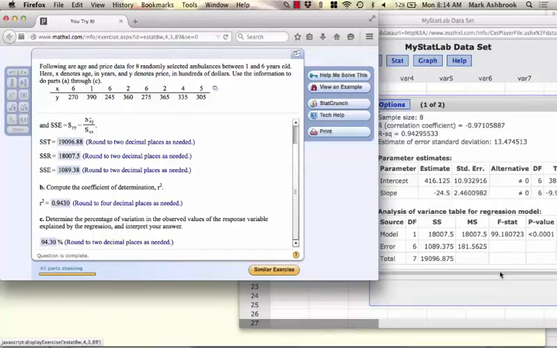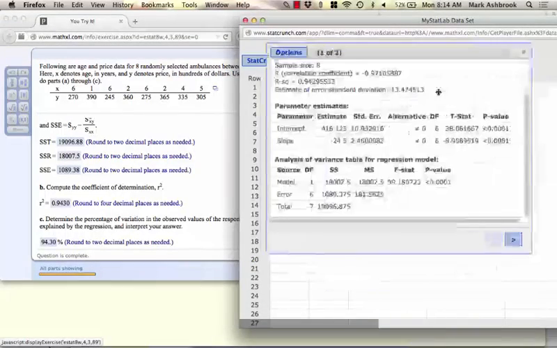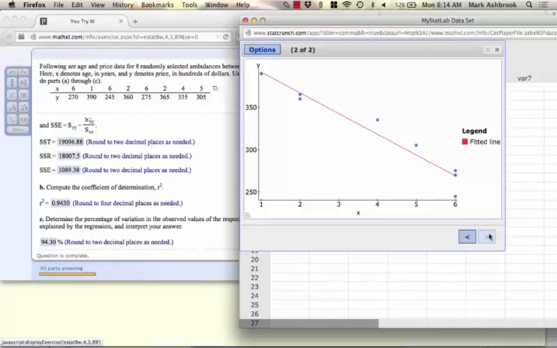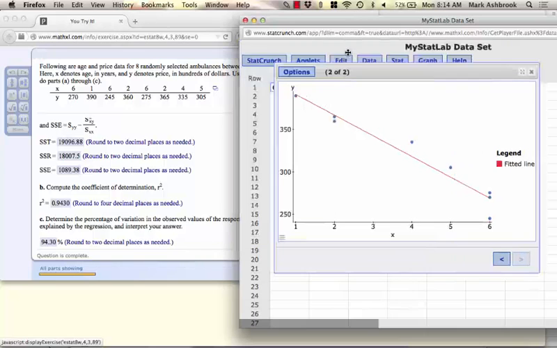So let's look at the graph and see if it's telling that story. Is age a predictor of the price of an ambulance? Or is the mean price the best predictor of ambulance price? Age. Absolutely age, right? Look at this data. It's so close to this line.